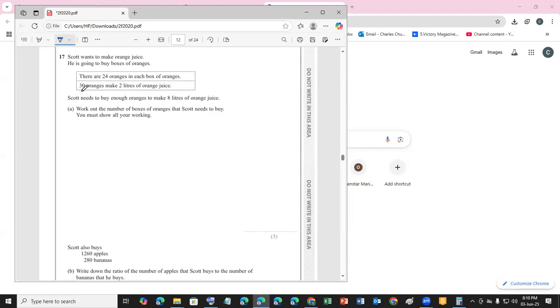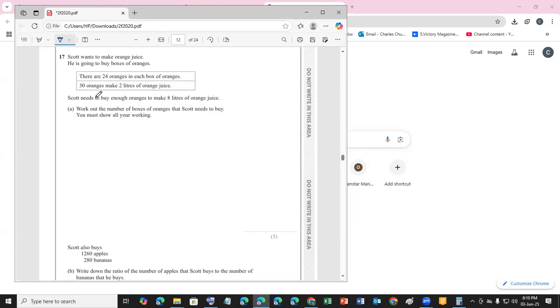Okay, so did you get that? Did you see what I just did? I could quickly make a deduction that I need 120 oranges to get 8 liters. Why? Because 2 liters is what would need 30 oranges. So how many 2 liters are there in 8 liters? That's 4, right?